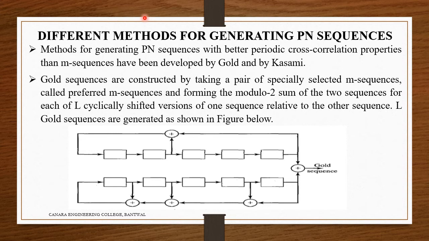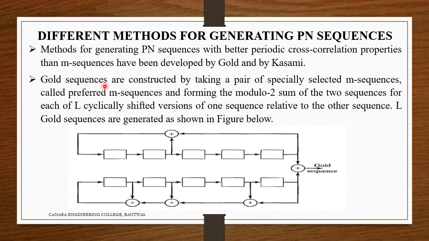Now we'll see the different methods of generating the PN sequence. We now have a brief idea of a PN sequence, we understood what properties it should have, and we saw the properties. Now we'll generate the PN sequence. A method for generating PN sequences with better periodic cross correlation properties than M sequences was developed by Gold and by Kasami.